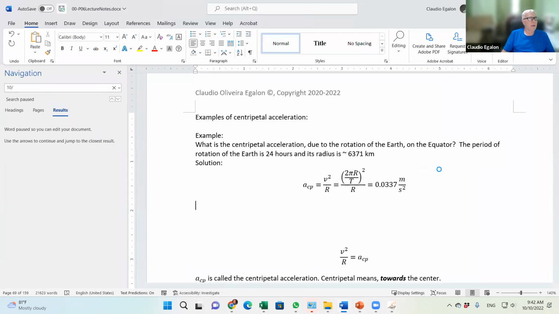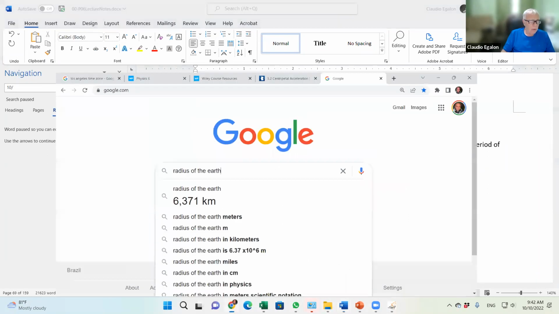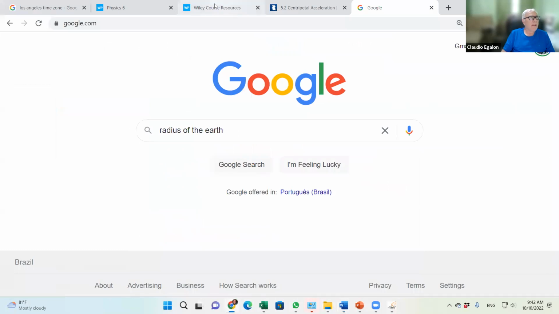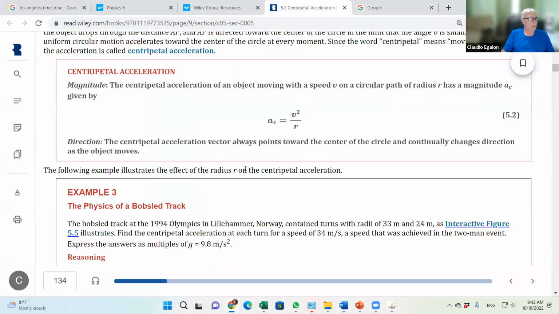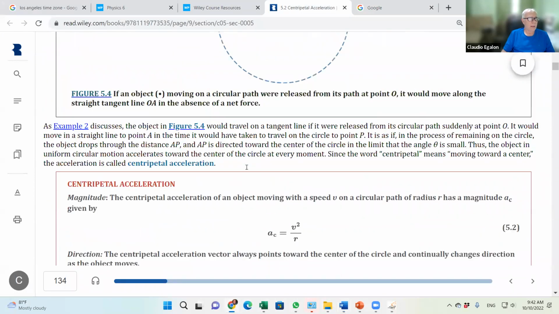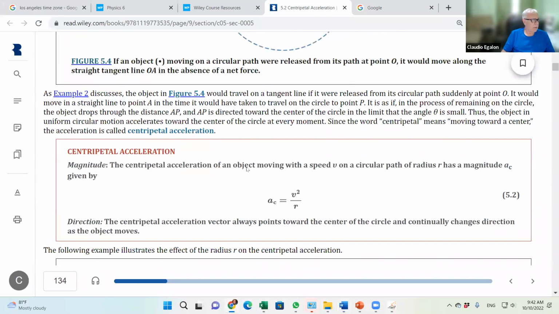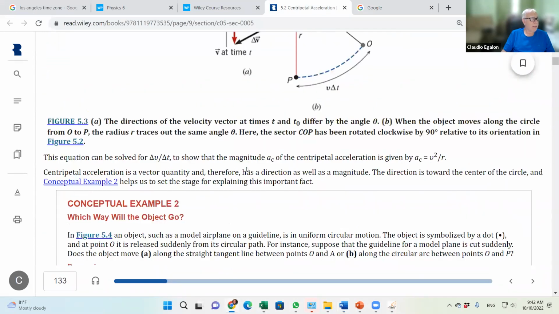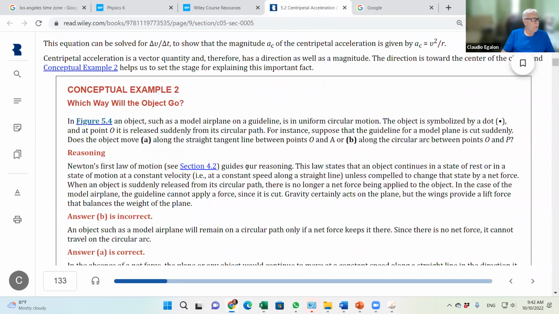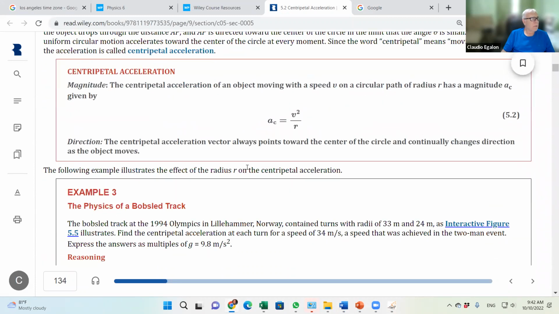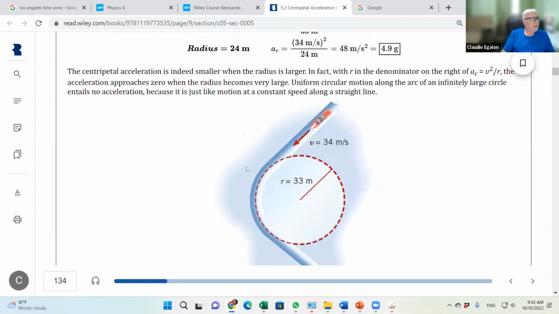We can come up with another example. Okay, let's see, 9:42. Let's see if we can finish one more example here. Let's take an example from the book, so you can get familiar with it. Let's see, example 1, example 2, let's do this example 3. No, I don't want to do this one.